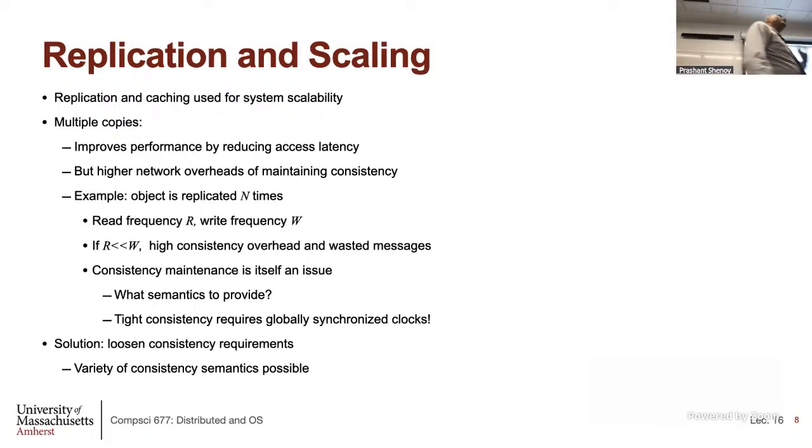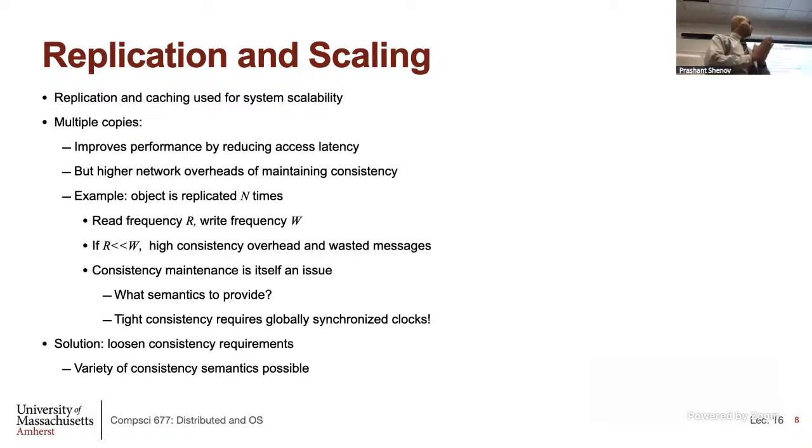Every time you write to one of the copies, you have to send messages to other copies and propagate that update so all the copies are in sync. So if w is your write frequency, the cost of consistency is directly related to w. And the read frequency is basically the benefit you are seeing because you can then send your read requests to different replicas and scale up.